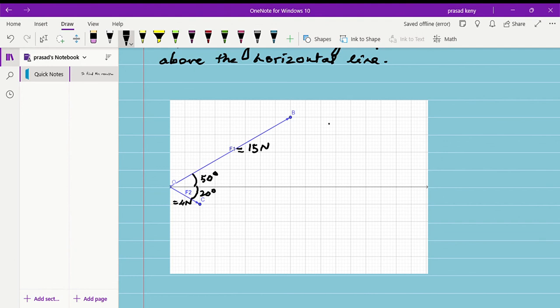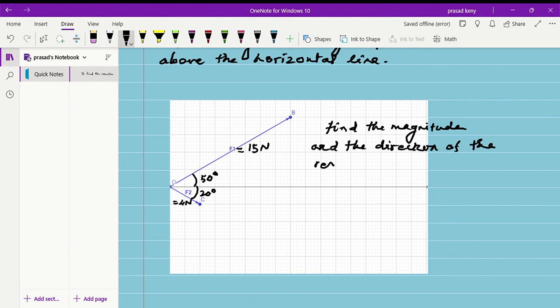So find the magnitude and the direction of the resultant force acting on the object.